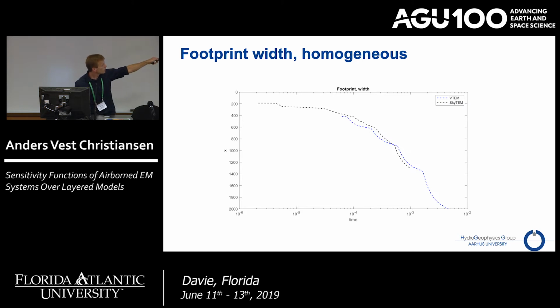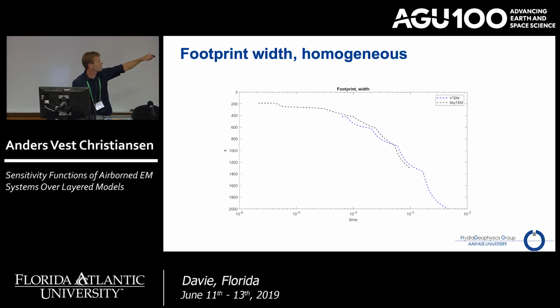No, not depth, sorry, width. Did I say depth? I think I did. So that was depth, and this is width. When we are at the late times here, say 5, 6 milliseconds, the total width of the sensitivity footprint is around 2 kilometers, for 95% of all the sensitivity.